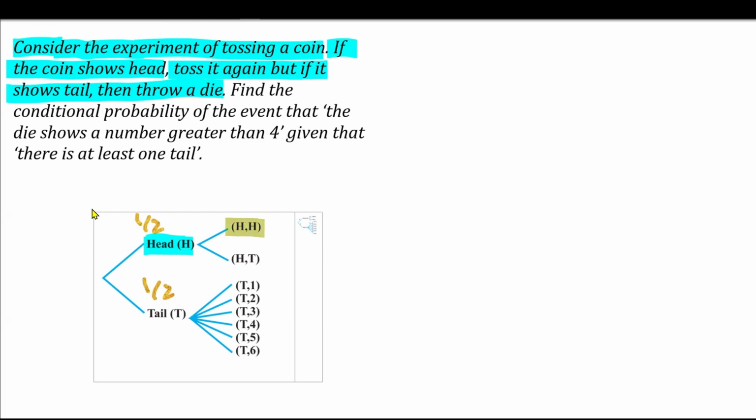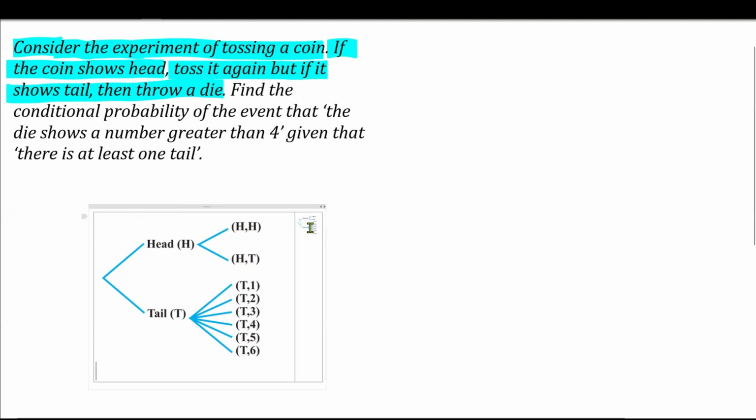So in the second throw, it can be head, so it's head, head, and it can be tail also, so head, tail. Further, if you get tail, you have to throw a die. So it's tail with 1, T2, T3, T4, T5, and T6. Those are the possibilities here.